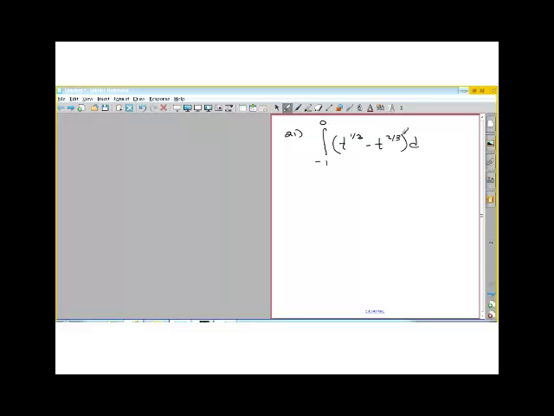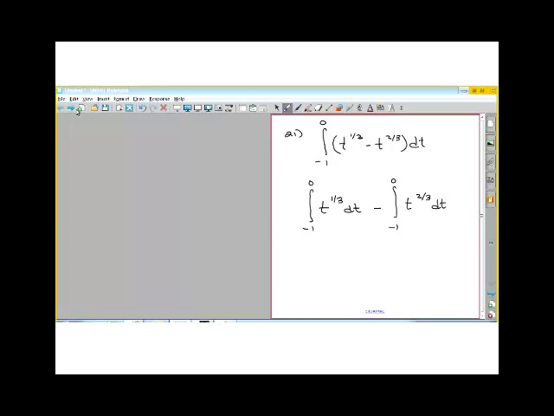So just like with differentiation, we can take the individual integrals. So this becomes the integral from -1 to 0 of t to the 1/3 dt, and then we subtract the integral from -1 to 0 of t to the 2/3 dt.